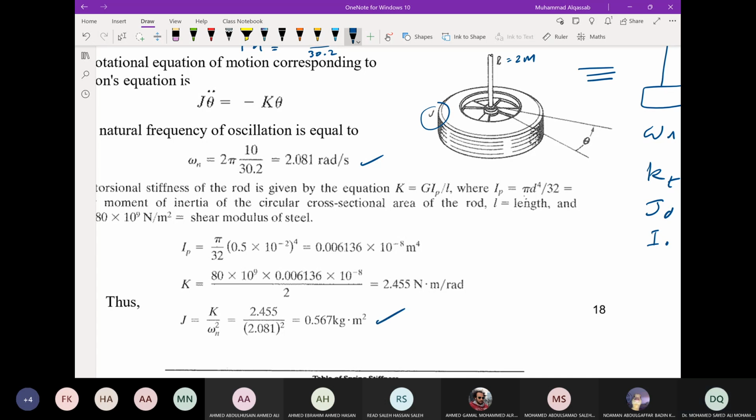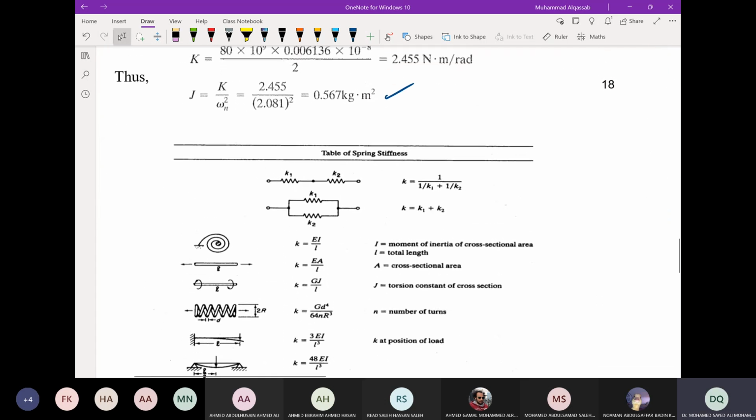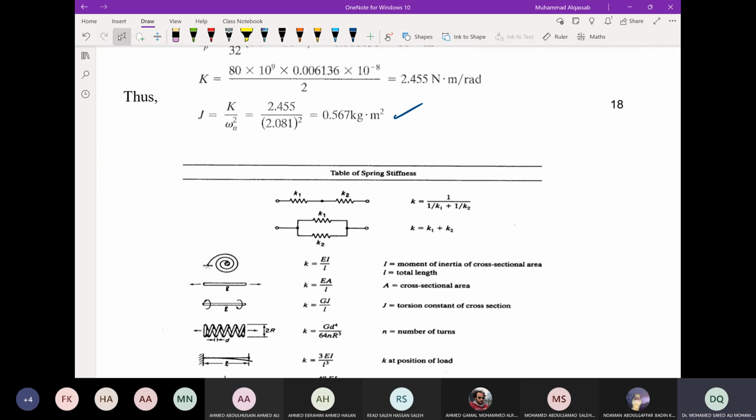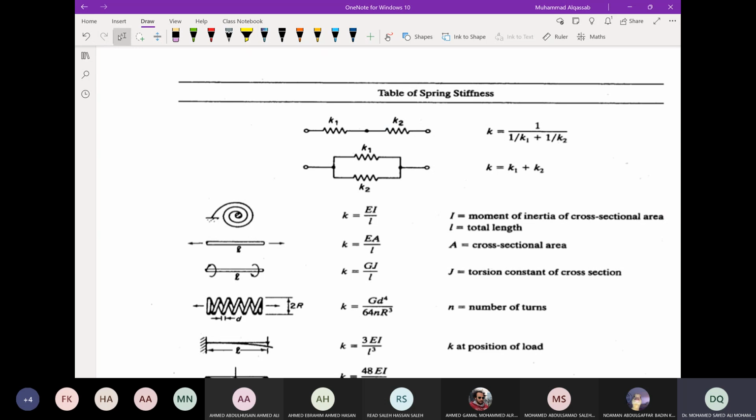Okay, so this table we talked about in tutorial 2. If you have springs in series or springs in parallel, you need to get the equivalent stiffness and model the system as a spring-mass system.